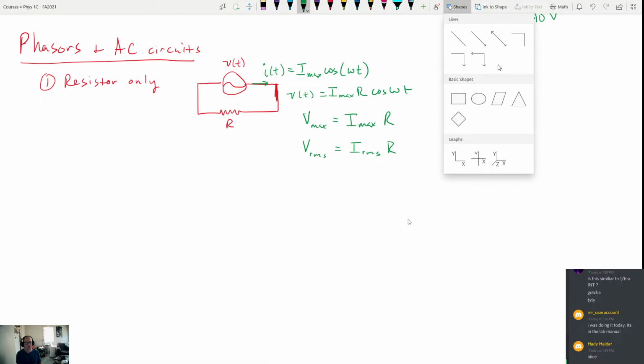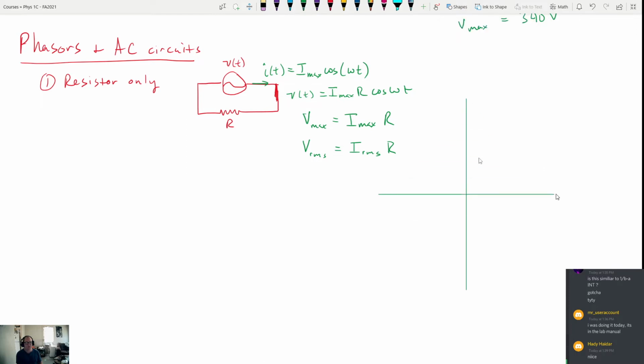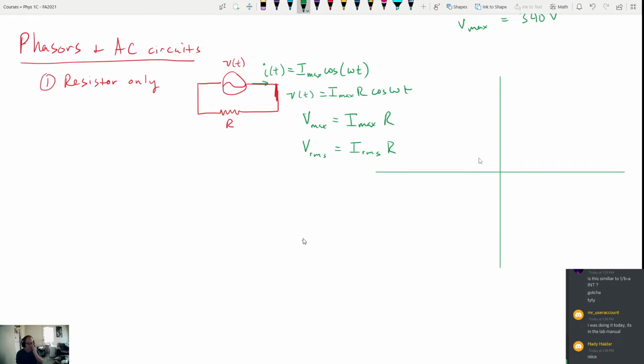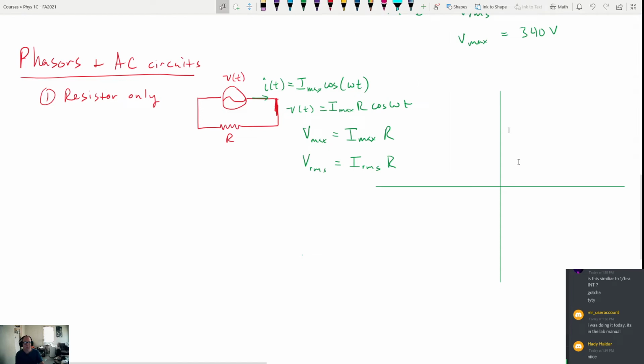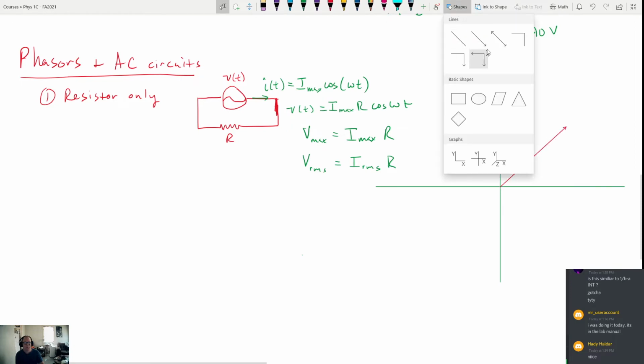And now let's draw our phasor diagram. Okay, so a phasor diagram is a diagram designed to analyze these type of circuits, and it's going to be similar to a vector diagram, except the vectors can move. So let's take red, and we'll use that for voltage, and then let's use green for current.